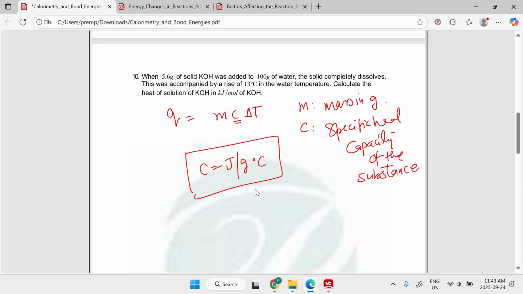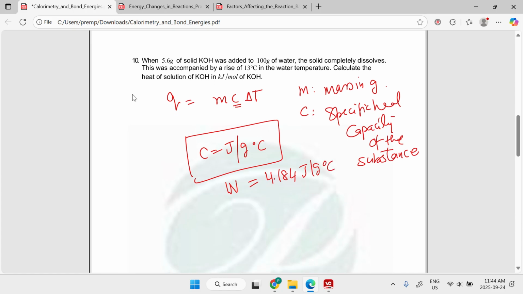And the value for water is 4.184 joule per gram per degree centigrade.